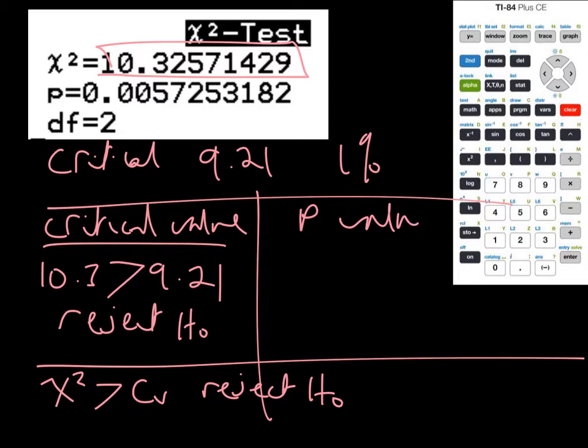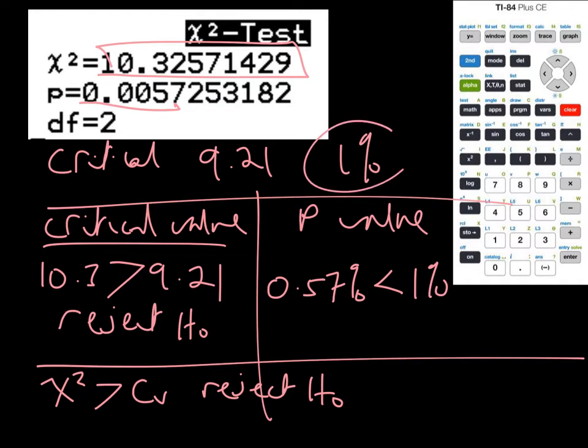And if we use p-value, as I mentioned on the previous paper, it confuses matters just because it's the other way around. So if you're looking at p-values, the p-value we've got here, remember this, you need to interpret this as a percentage. So this would actually be 0.57%. So you need to multiply by 100 to get it into percentage. So this is 0.57, which is less than the 1% stipulated here.